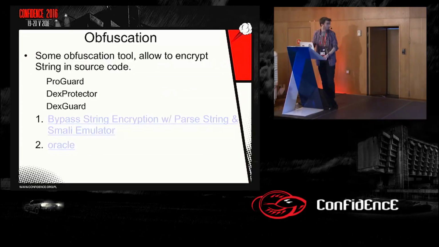Then one good thing is to obfuscate your source code, and sometimes the tools are able to encrypt strings in your source code. Here are the best-known obfuscation tools, and below you have two links that explain how you can decrypt strings.